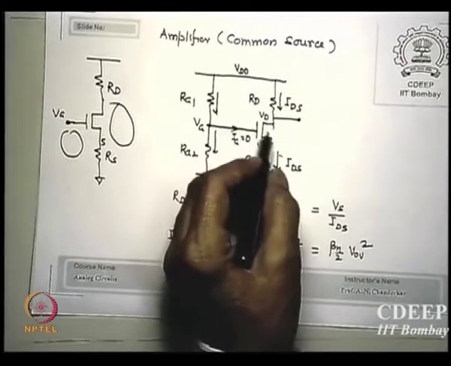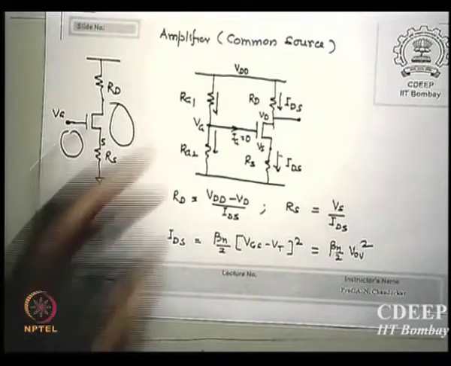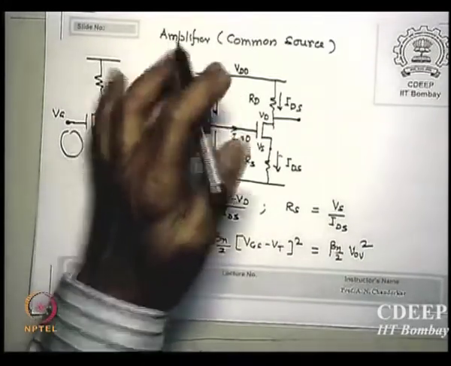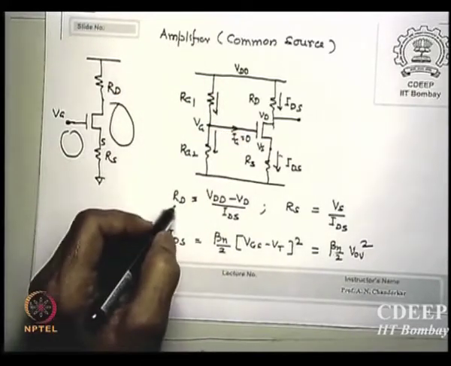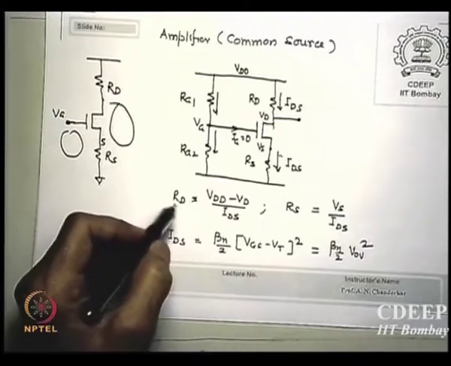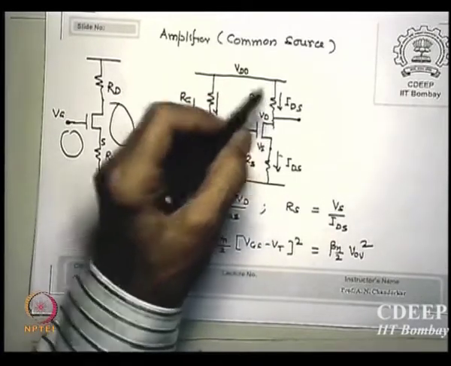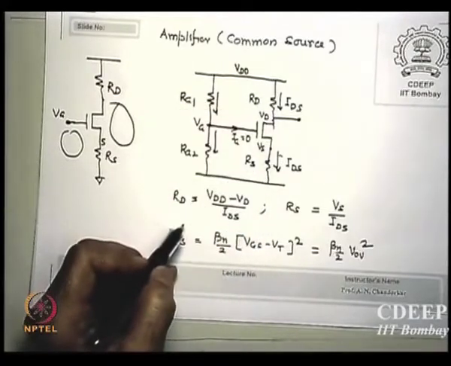Since there is no current here, the case I am talking about is the IB equals 0 case, the small IB case is the same as this case. So this VG is nothing but RG2 upon RG1 plus RG2 times VDD. Now you see the other equations. RD, let us say this potential is VD, so VDD minus VD divided by IDS is RD.